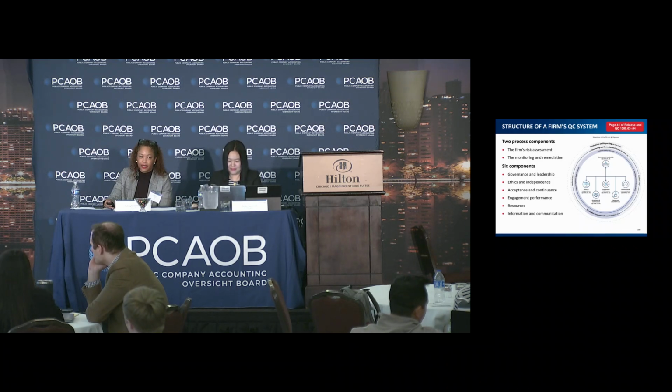Now, while QC 1000 has certain additional and more stringent requirements, firms can integrate these into their unified QC system, eliminating the need for multiple systems. Many of the same policies and procedures developed under another quality management standard will also be applicable for QC 1000.